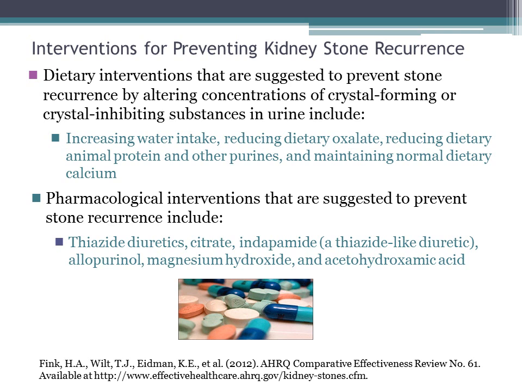So a large water intake will increase the urine volume and lower the concentration of any crystal-forming substances. Some other dietary interventions include reducing dietary oxalate to lower the risk of calcium oxalate stones, reducing dietary animal protein and other purines to lower uric acid, and maintaining a normal dietary calcium to help to bind the intestinal oxalate.